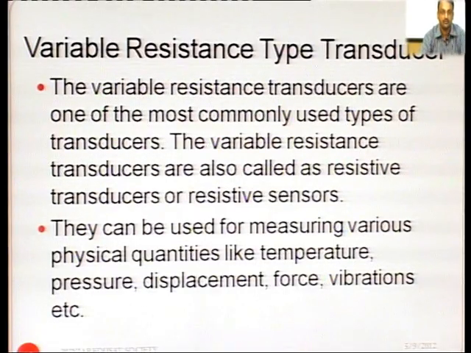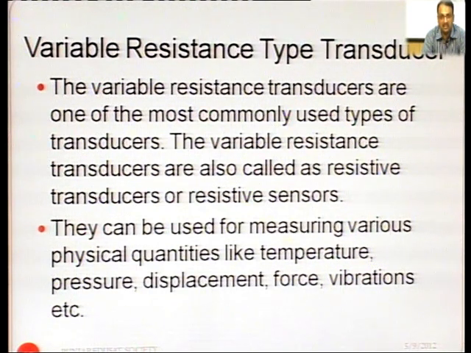There are basically three categories of transducers by working principle: variable resistance, variable capacitance and variable inductance. First of all is the variable resistance type transducer.